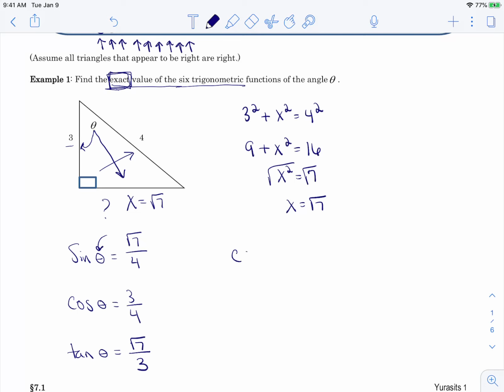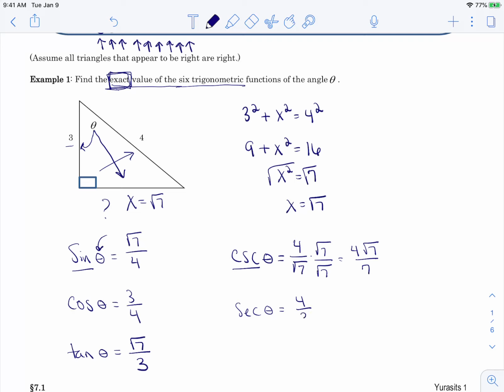And then to find the reciprocal functions, cosecant of theta, so cosecant goes with sine. I know that's kind of misleading because people want to think the C's go together. That's just the reciprocal, so it's 4 over root 7. But like we discussed, we can't leave a radical in the denominator. So I get 4 root 7 over 7. Secant of theta, the next definition, is just the reciprocal of cosine of theta.